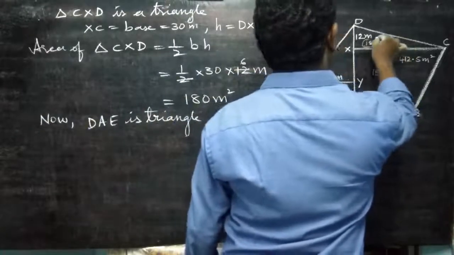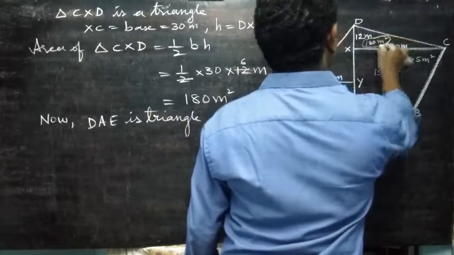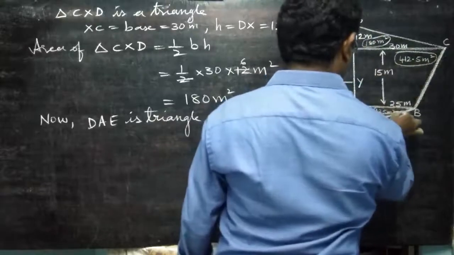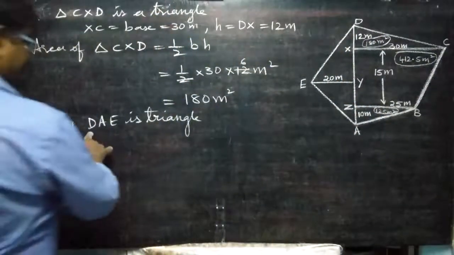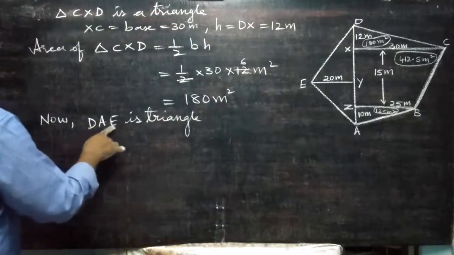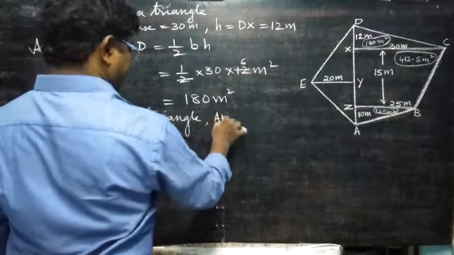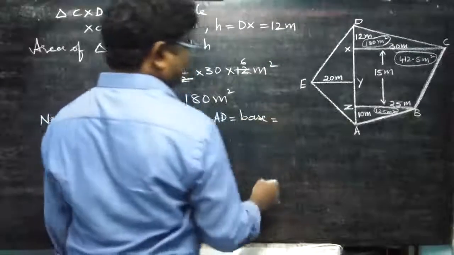These all are areas. DAE is a triangle. AD is equal to base, how much?